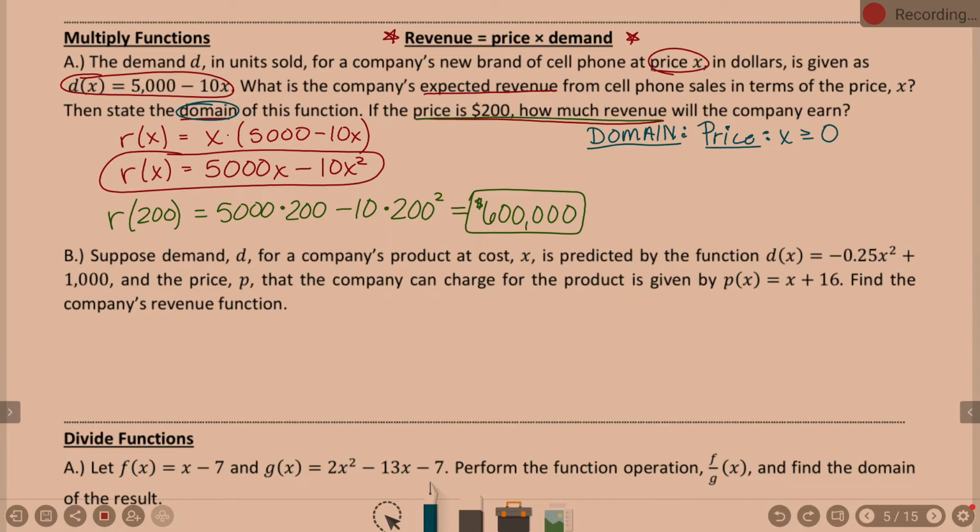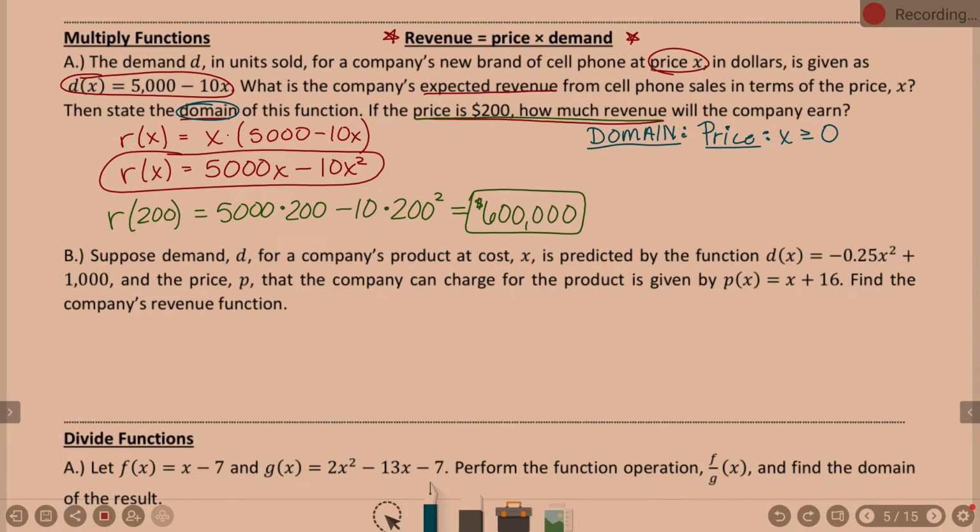Now, I'm using X greater than or equal to 0 because that's what they used in the book. Technically, I don't really want to put the equal to on there because could the price really be 0? I don't know, I guess it could, but it doesn't really make logical sense, does it? So I would personally have just said X greater than 0, but they said X greater than or equal to 0. Close enough, but the price has to be positive, yes? And what about the demand?